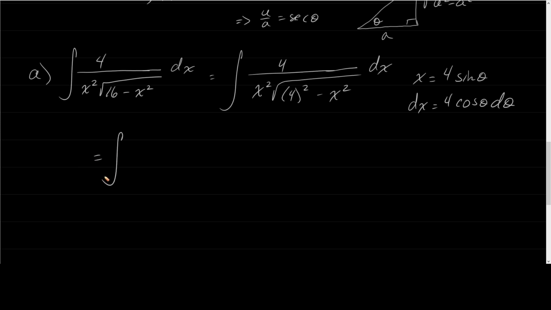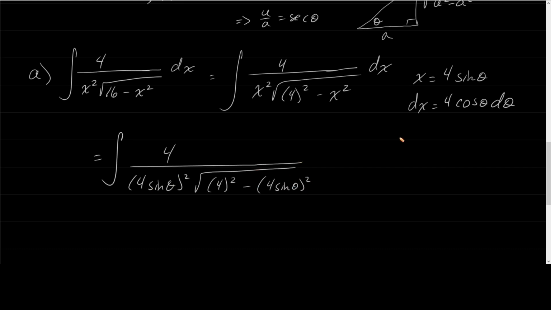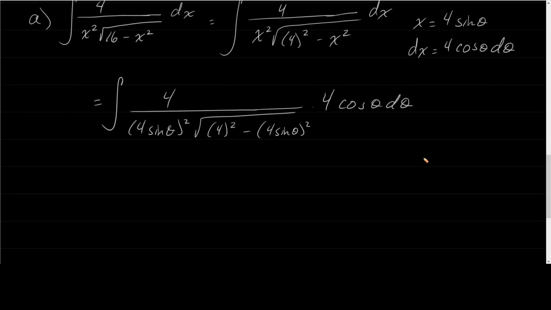At this point, we get that this is the integral of 4 over x, which was 4 sine theta. So I have 4 sine theta squared times the square root of 4 squared minus 4 sine theta squared. And then instead of the dx, I have times 4 cosine theta d theta. And now, let's simplify this a little bit.